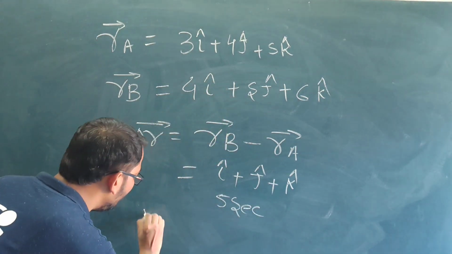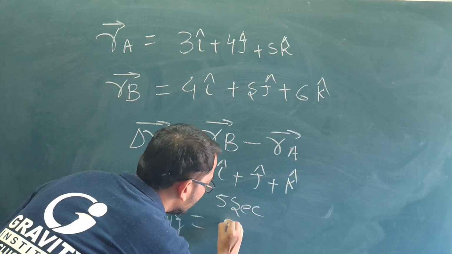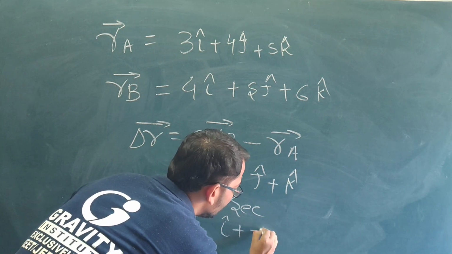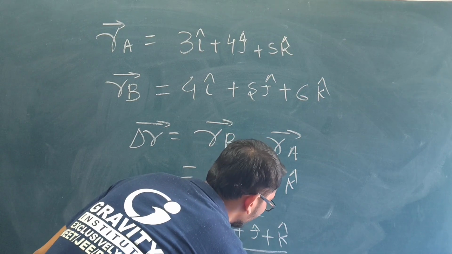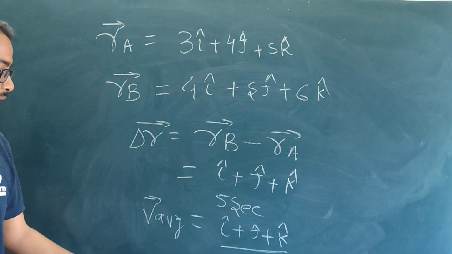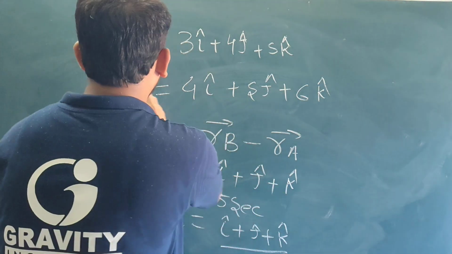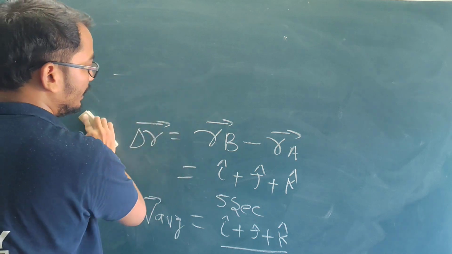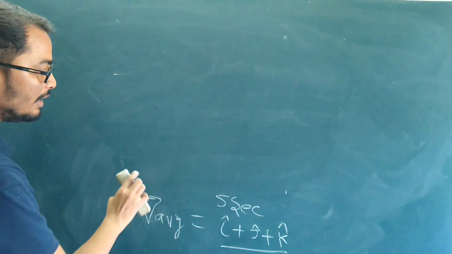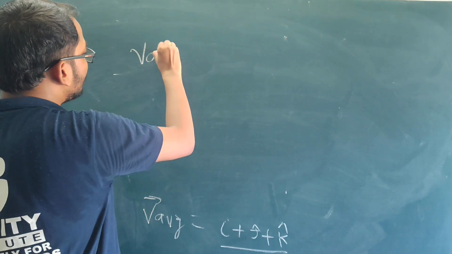So V average is (î plus ĵ plus k̂) divided by 5. This is the average velocity. If anyone asks for the speed, we have to take the magnitude of this. What will be the magnitude of the average velocity?